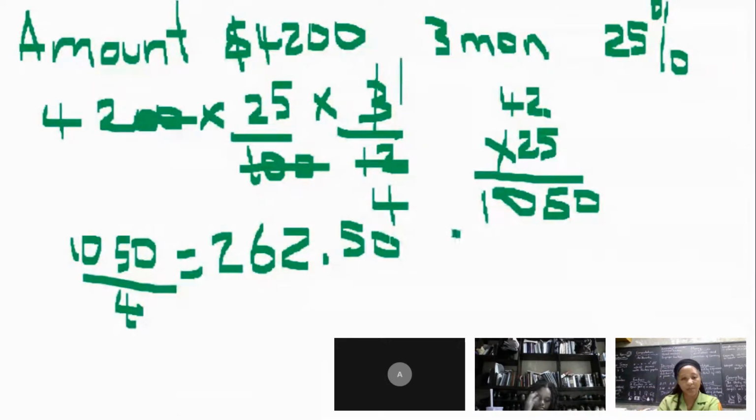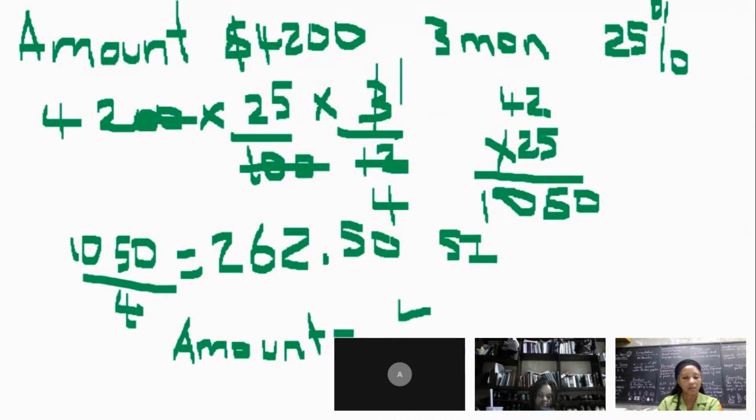So how much would I be getting back from my investment? Okay, miss, I would have to add the $262.50 back to the $4,200. So 4,200 plus the $262.50.